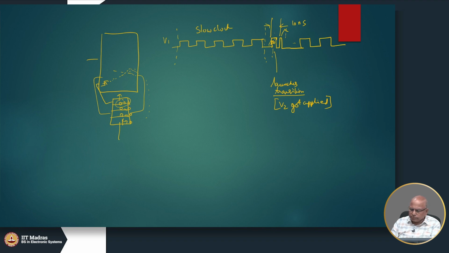Isn't it? You can think of an analogy. Suppose the doctor wants to test your heart rate or something like that, and he says you run, and then we'll measure the rate at which your heart is able to beat.